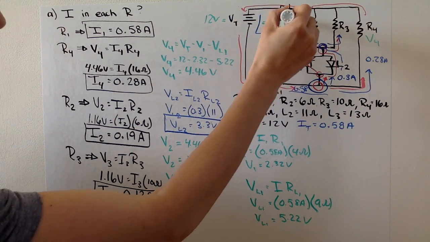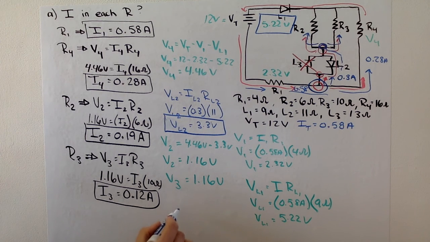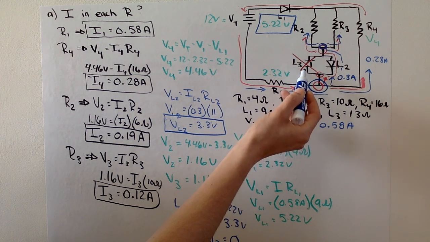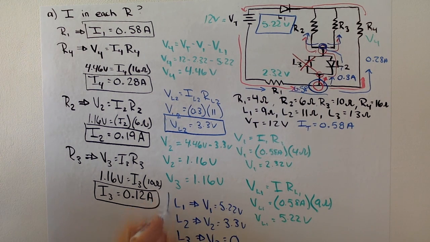The voltage drop over LED 1, V1, is equal to 5.22. Voltage drop over LED 2, V2, is equal to 3.3. And voltage drop over LED 3 is equal to 0 because nothing's traveling through there. So these are your answers to part C.